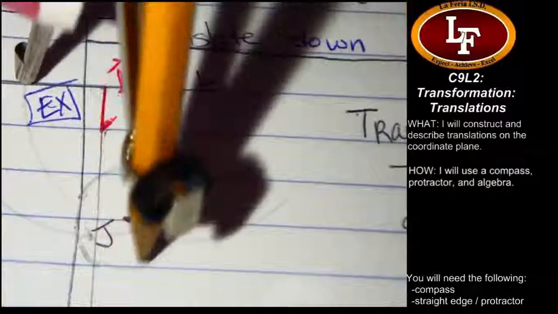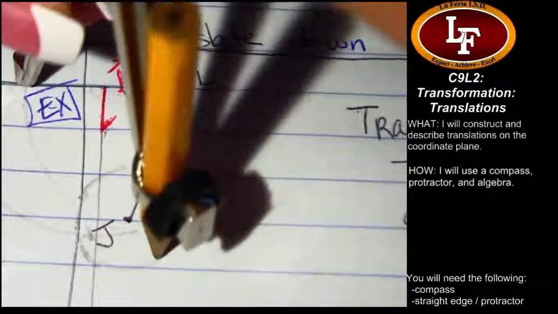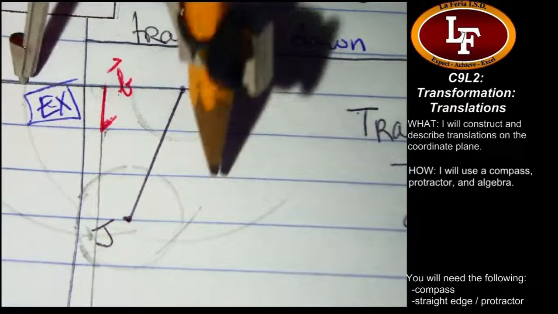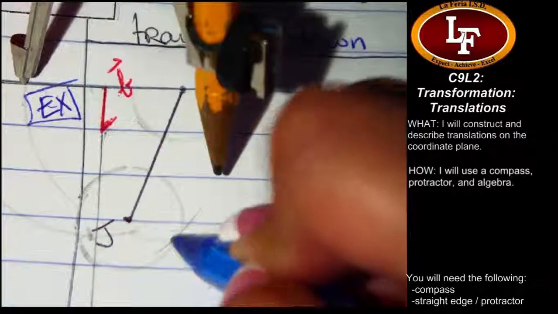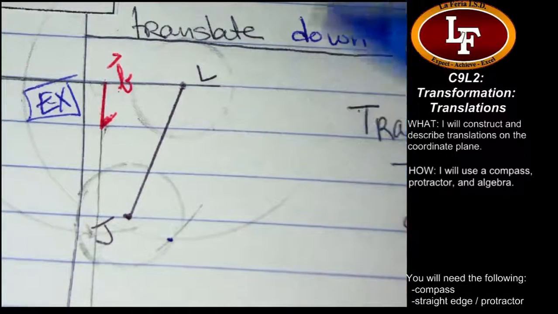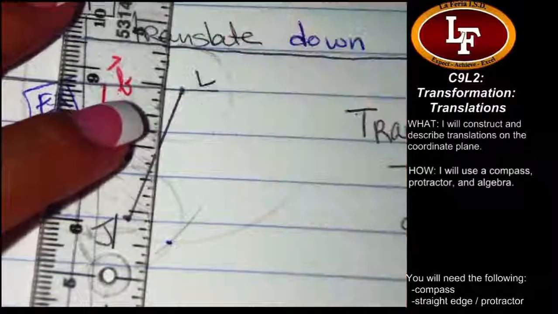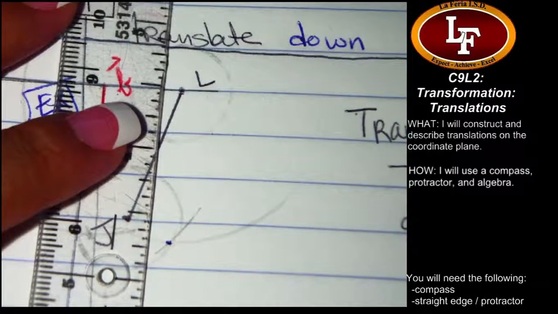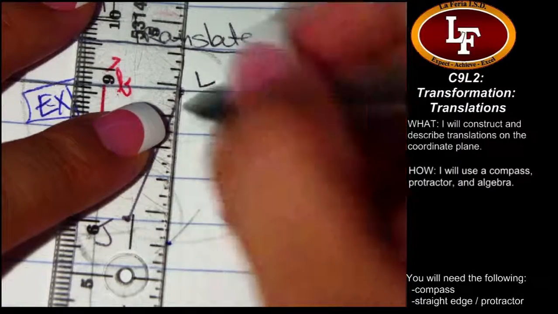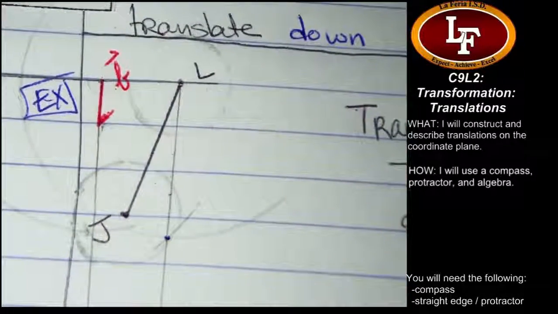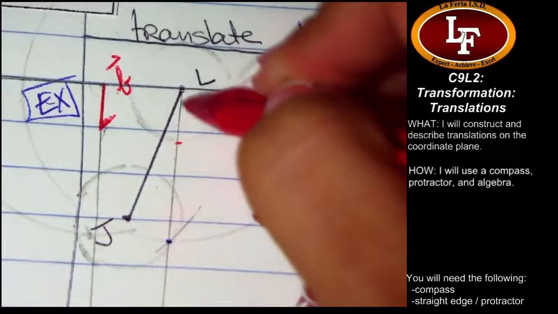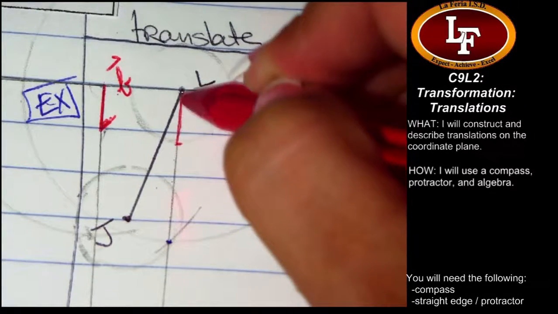And then I'm going to mark off where it intersects the arc that I just made, which is somewhere right here. And now I'm going to connect these two, but I'm going to use pencil. So my vector is along that line, but it stops here. So my vector is right here.